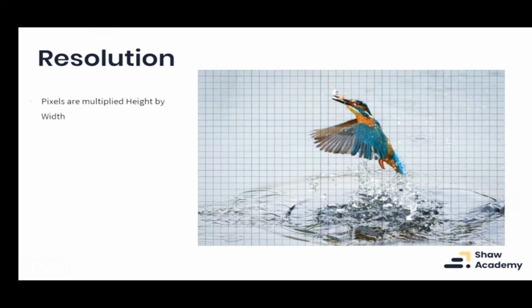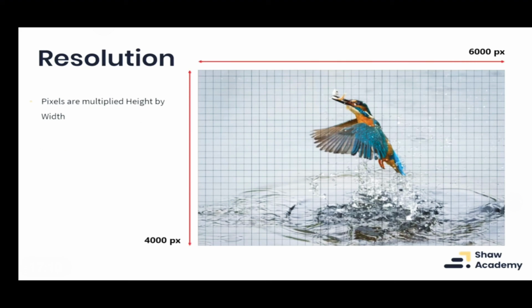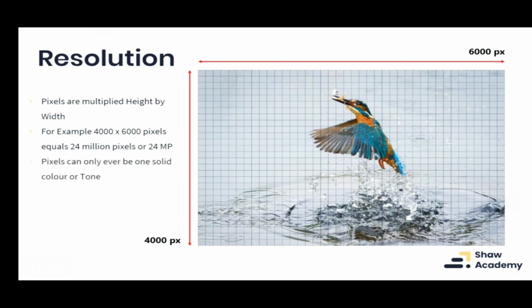We work out our resolution by multiplying the pixels in height by the pixels in width. So if we have 4,000 pixels going up and 6,000 pixels going across, we multiply those together, and that equals 24 million pixels, or 24 MP.